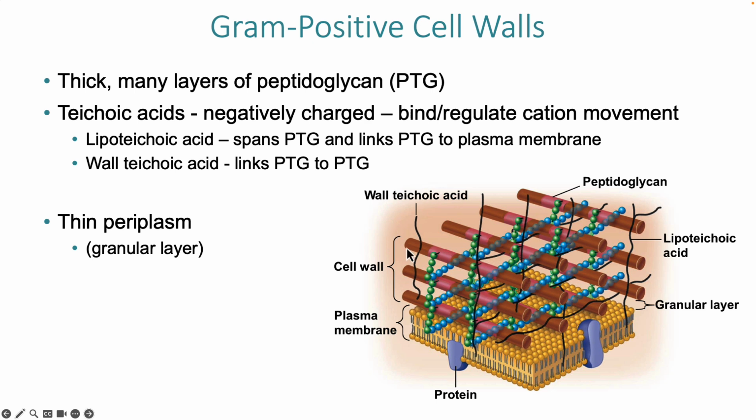If they're linking the various layers of peptidoglycan, they're called wall teichoic acids. Whether they're helping link to the plasma membrane or keep the various layers linked to each other, the teichoic acids are unique to gram-positive cells.